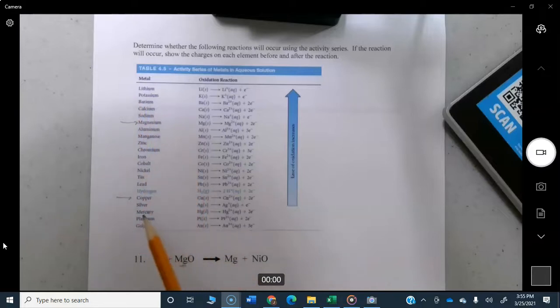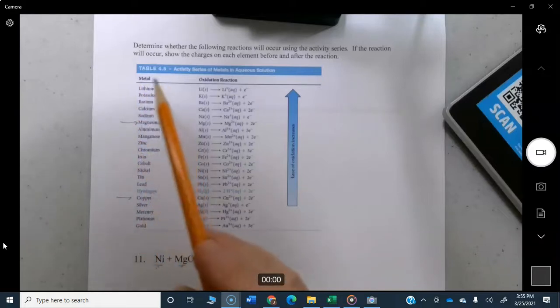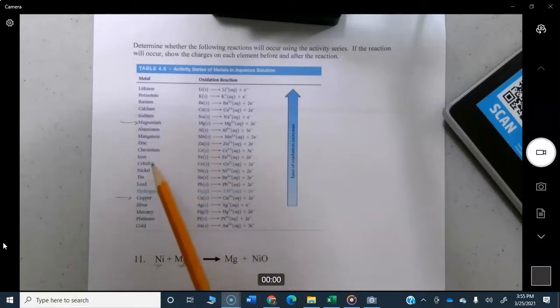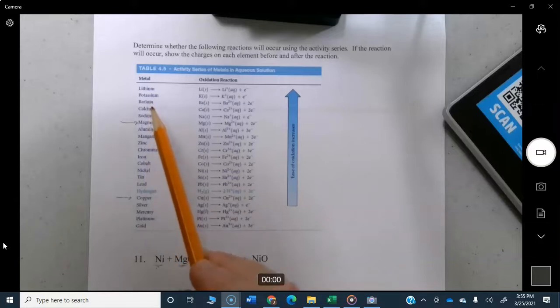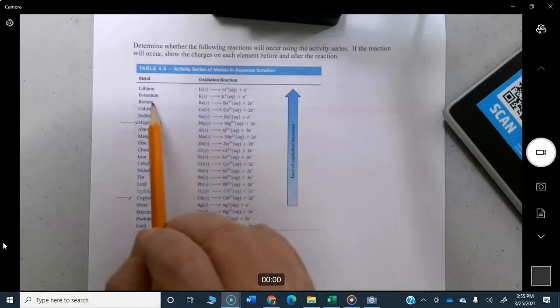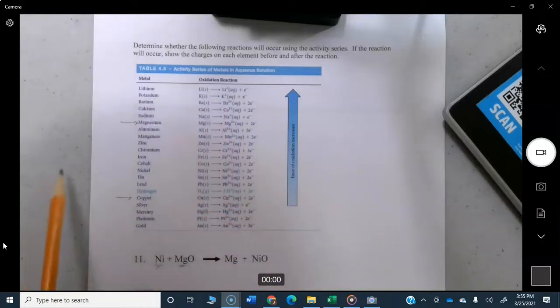So one of these will pull electrons away from one of these. In other words, as long as it's lower on the activity series than one up above, it'll pull electrons away from it. So even barium, for example, would pull an electron away from potassium because barium is below potassium.